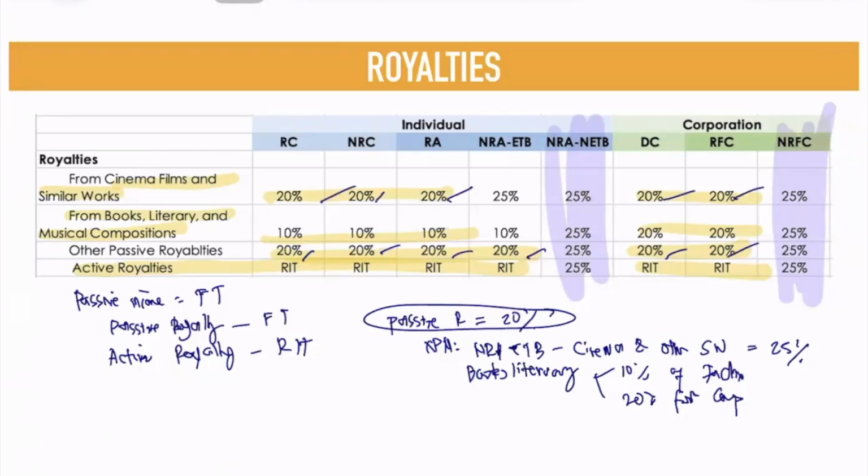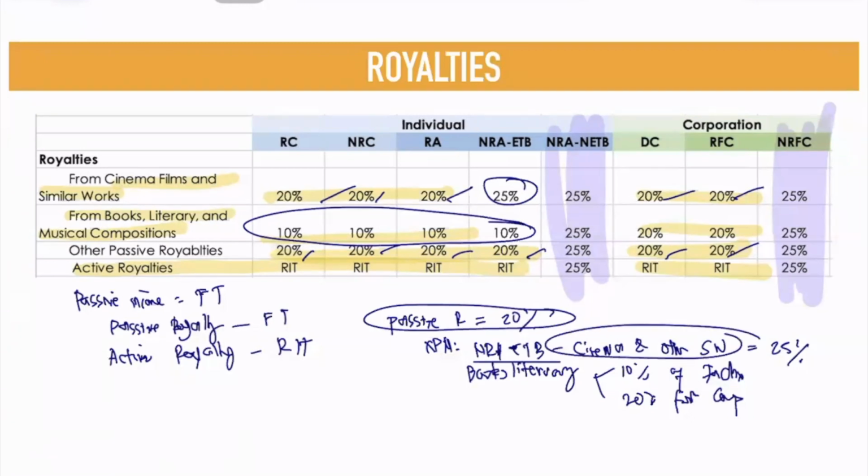Ano lang naiiba? Itong 25% at mga 10%. So, if ever NRA-ETB na similar and other similar works, 25% siya. Pag books literary from individuals or income of individuals, 10%.